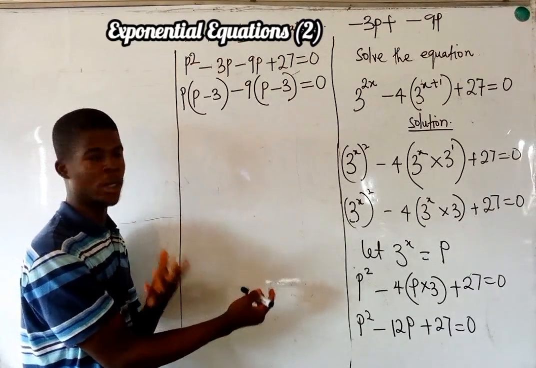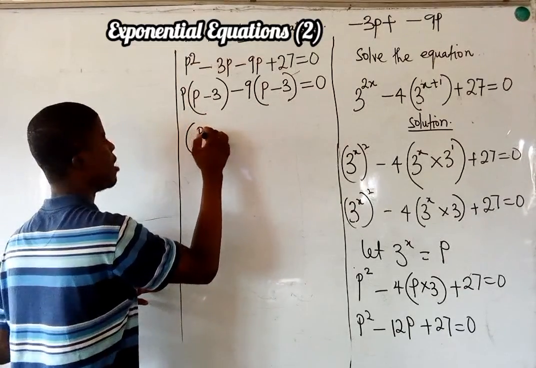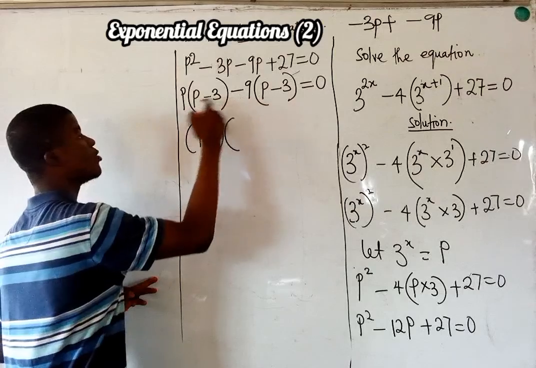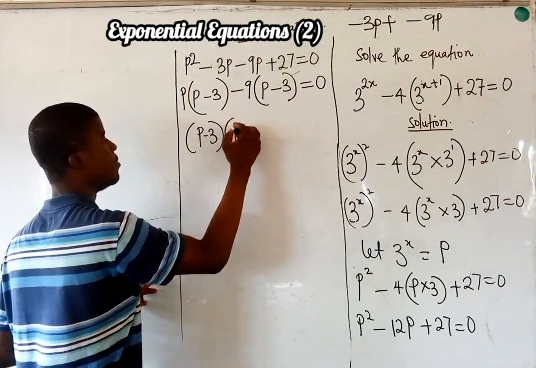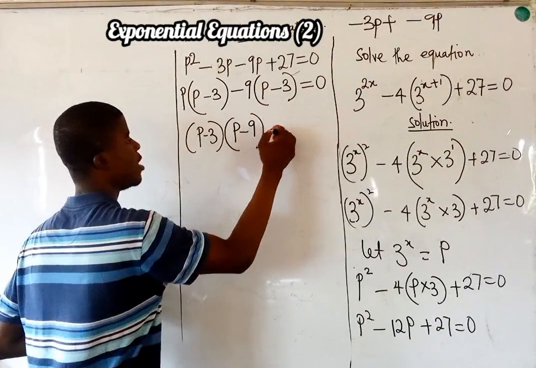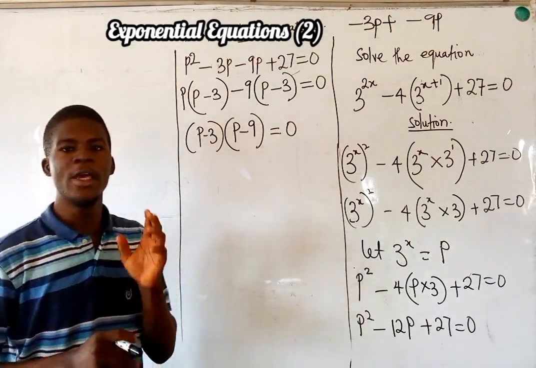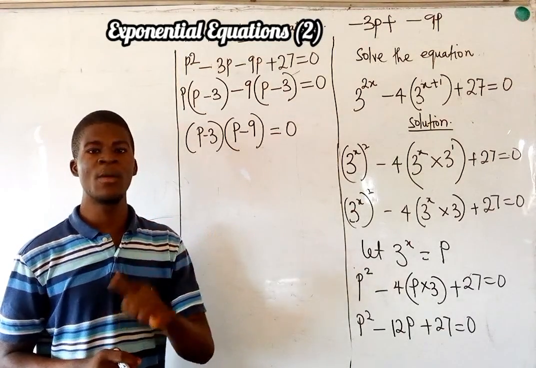Having done this, we can see that the terms in the brackets are the same. It means that we are actually correct. So we pick one of the terms, p minus 3, then we open another bracket. The terms outside we will use to form another bracket: p minus 9, equal to 0. At this point, if the product of two real numbers is equal to 0, it means that either of the numbers is 0.